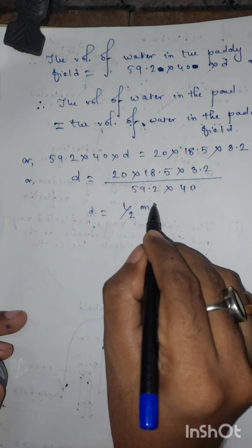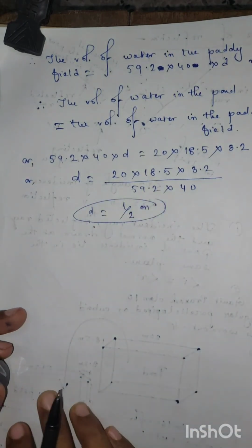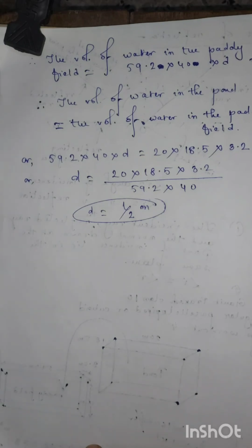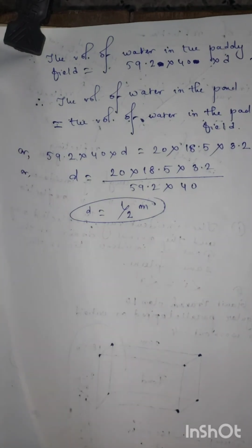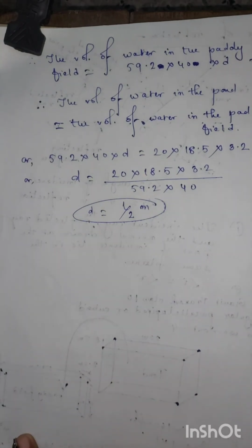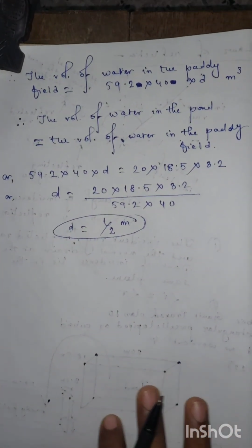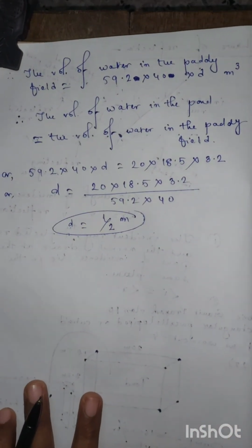So the depth of water in the paddy field is half meter. And the answer for the first part of this question was 7.4 hour. I hope you have understood it.